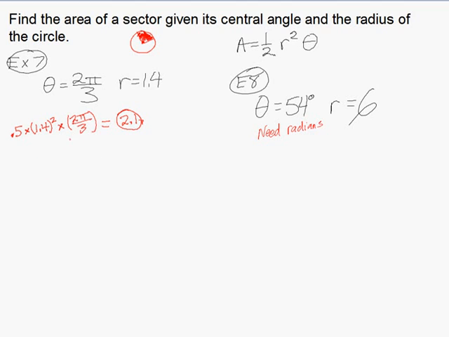If you're doing like I'm going to do and use that big old fat decimal, it's going to be 0.5, okay, and then in parentheses 1.4 squared, and then in parentheses, if we do 2 pi over 3, so 2 pi over 3 is going to be 2.094395102339, and then type this all in the calculator, and you're still going to get at the end of the day 2.1.